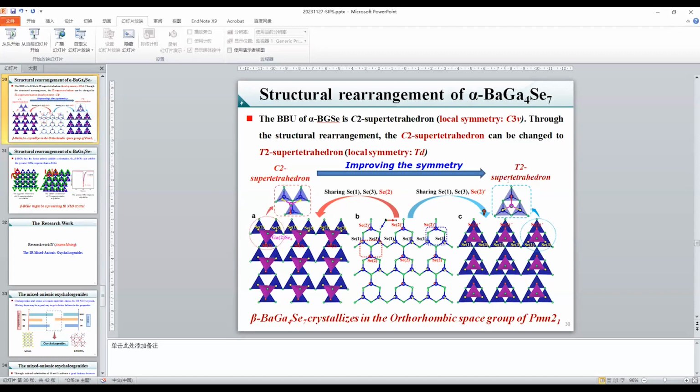We know that the T2 spectral tetrahedra has higher symmetry than this one. So with this as the basic building unit, beta BGSE crystallizes in a higher symmetry orthorhombic space group Pmn21. For the orthorhombic space group, abc is the same as XYZ. It's good for its application.